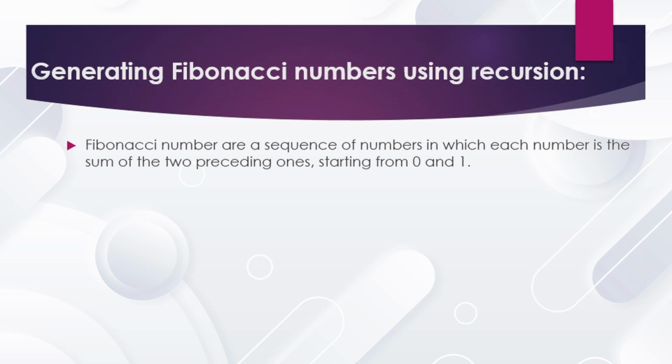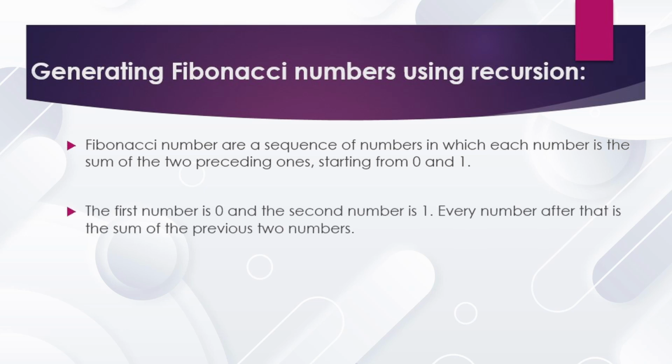Fibonacci numbers are a sequence of numbers in which each number is the sum of the two preceding ones, starting from 0 and 1. So the first number is 0 and the second number is 1. Every number after that is the sum of the previous two numbers. So the next number will be 0 plus 1, which is 1.